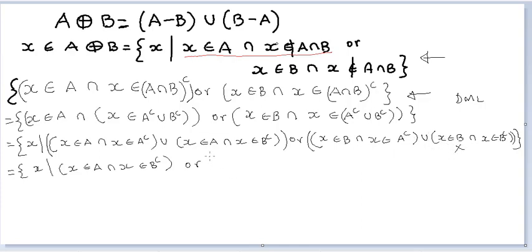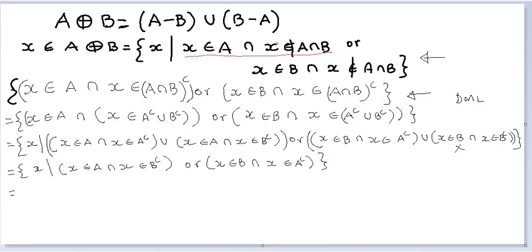We're going to take the remaining set. All right, then what you got here? X belongs to A and X belongs to B complement. What does it mean? Can we write this as a set difference law?